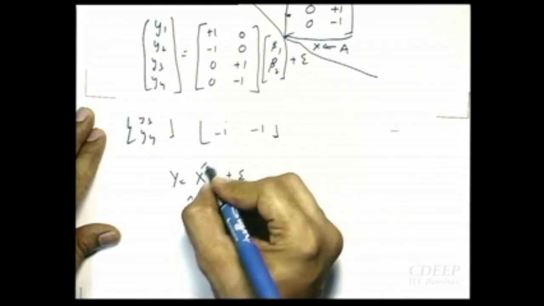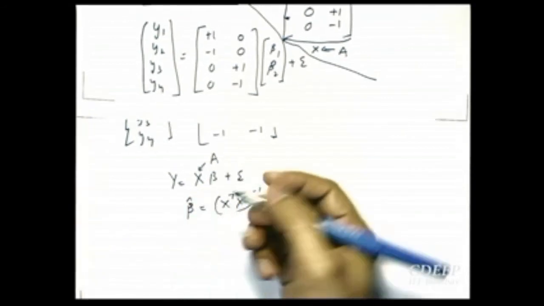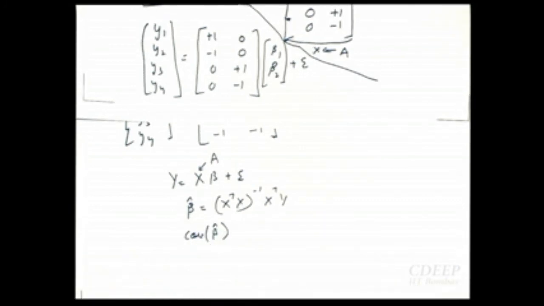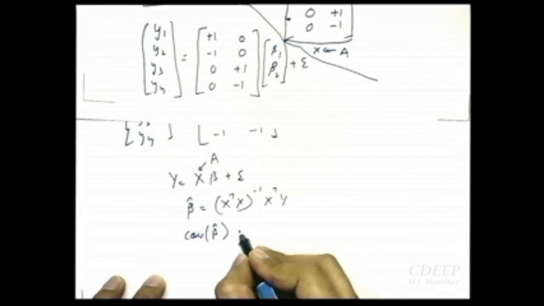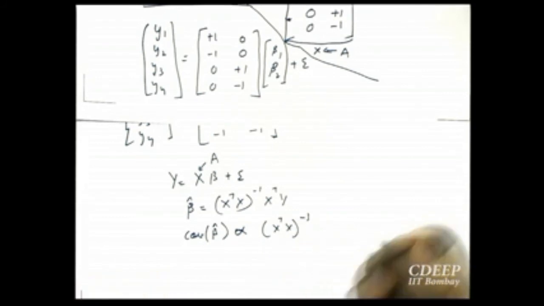We are using x here, and earlier we were using A over here. I was telling you the confidence intervals on the true parameter beta all depended on the covariance matrix of this beta hat, or the variances in these estimates, and that is proportional to this matrix x transpose x inverse.